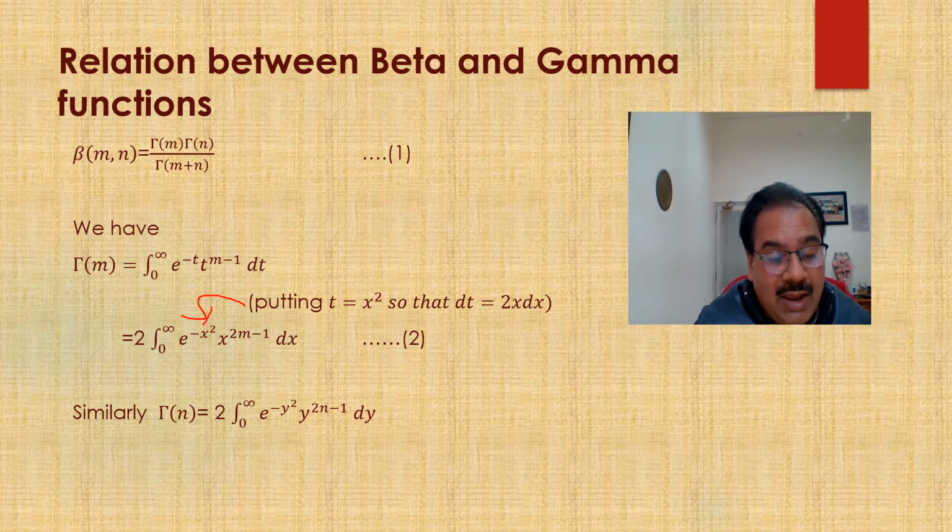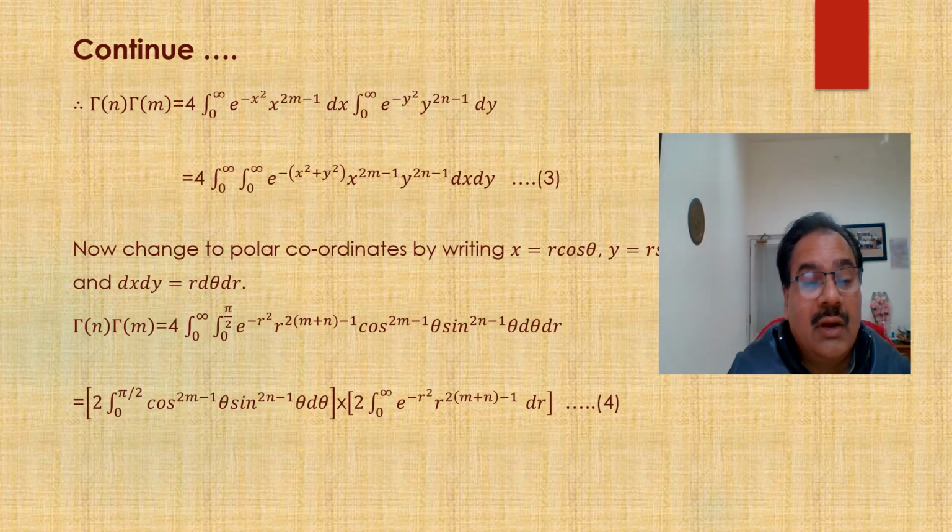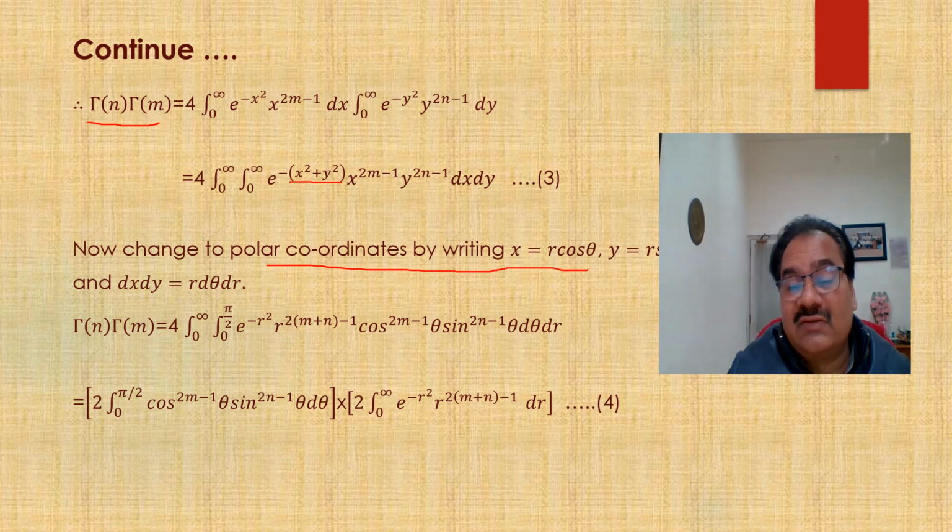Similarly, you can write gamma n, and after writing gamma n, you can multiply gamma n into gamma m, and this is a multiple integral. You may rewrite it as 4 times integral 0 to infinity, 0 to infinity e power minus x square plus y square, x power 2m minus 1, y power 2n minus 1 dx dy. Now, you may change to polar coordinates by writing x equal to r cos theta and y equal to r sin theta.